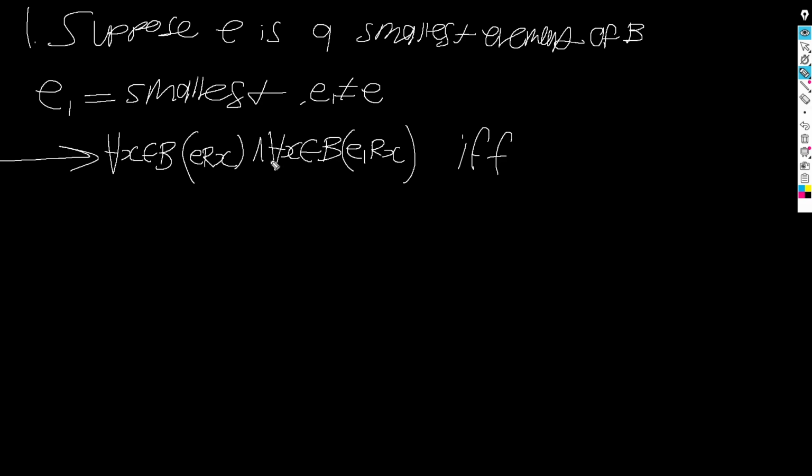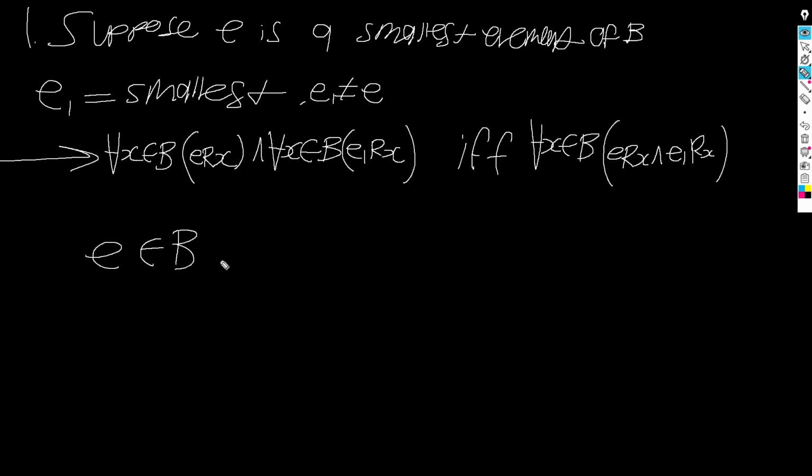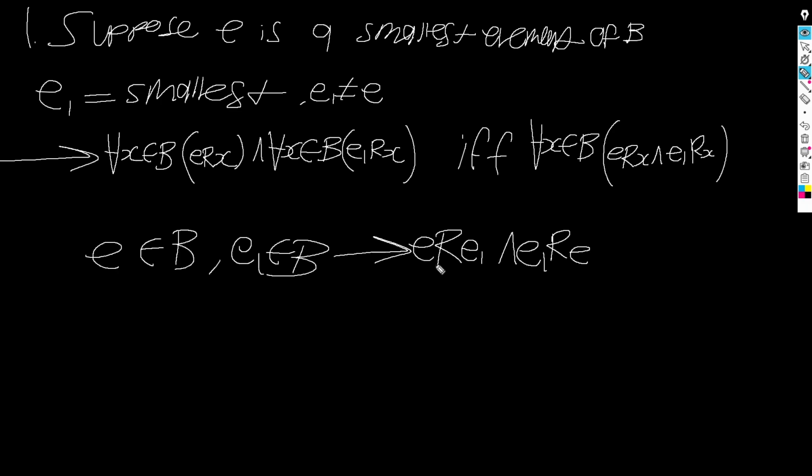We'll join these universal quantifiers together to get that for all x in B, E is R related to x and E1 is R related to x. Since both E1 and E itself are in B, we get that E is R related to E1 and E1 is R related to E.